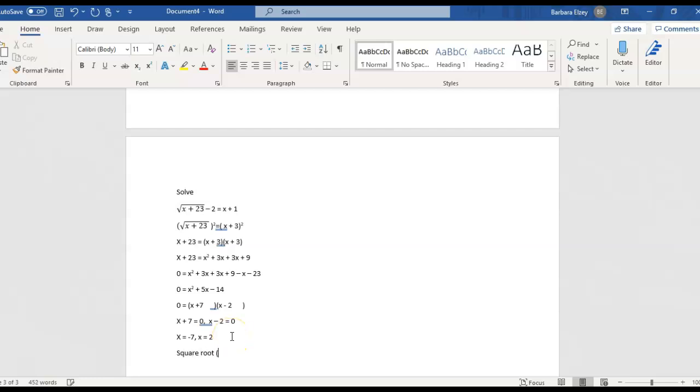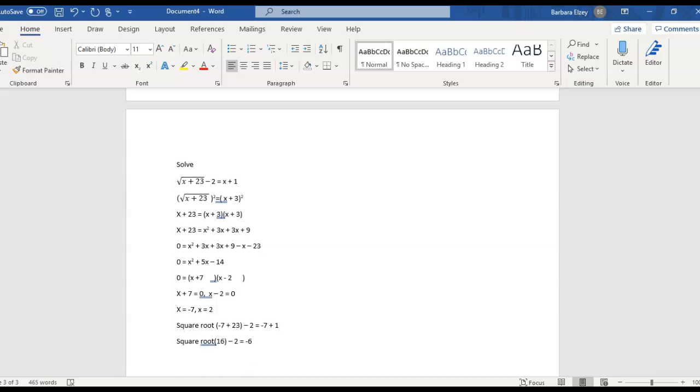Square root of negative 7 plus 23, go all the way back to the original, minus 2, equals negative 7 plus 1. All right, so what we really have is the square root of negative 7 and 23, which will be 16, minus 2 equals negative 6.